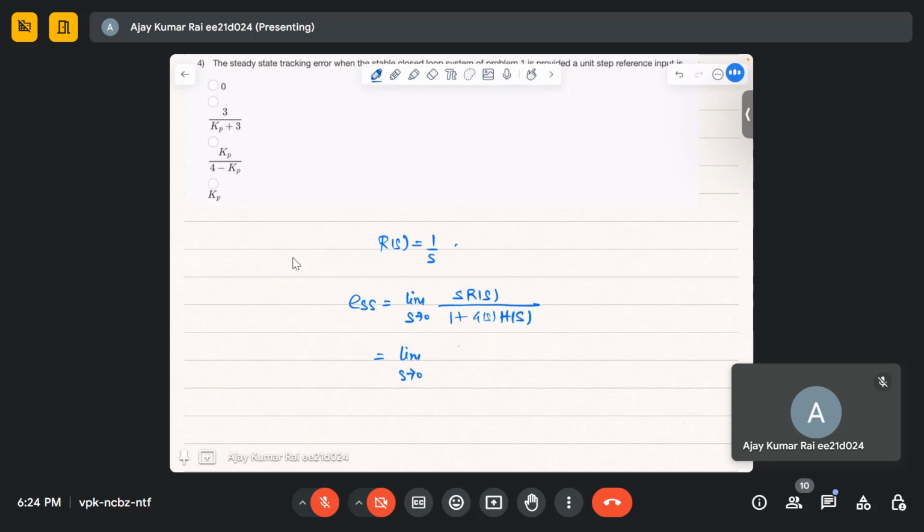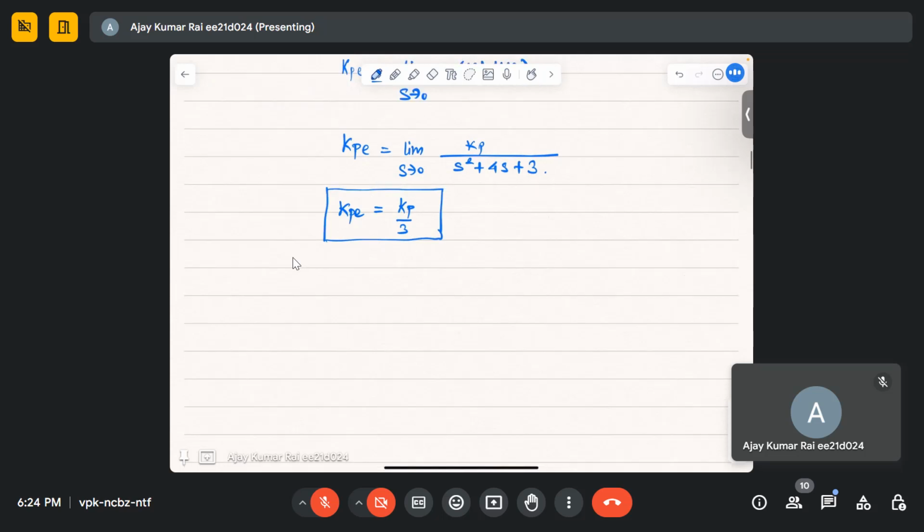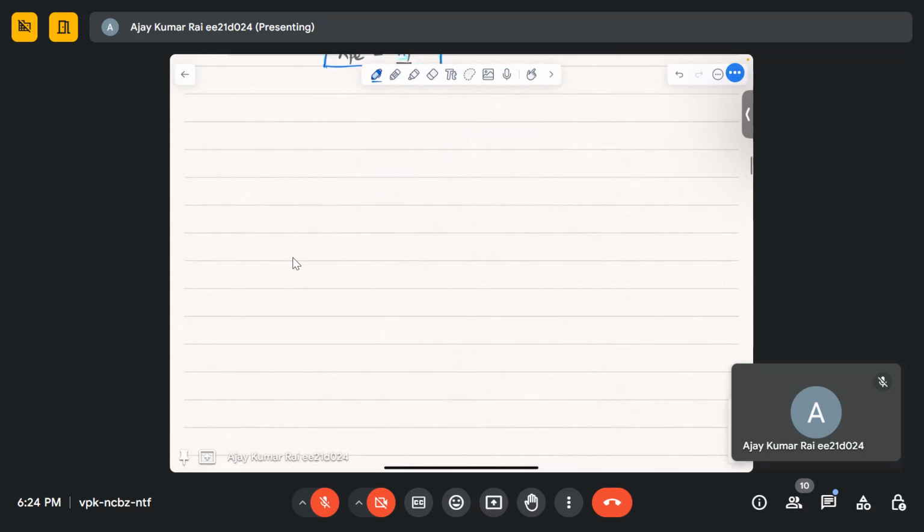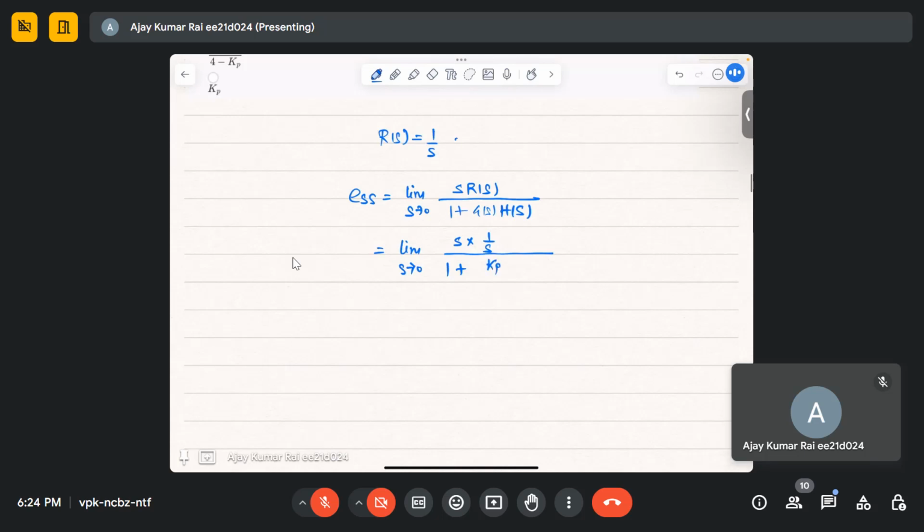Let me put the values here. s into R(s) is equal to 1 by s, over 1 plus G(s)H(s), which from the previous question we know is Kp by s square plus 4s plus 3. Let me simplify it before putting the limits. This gives s square plus 4s plus 3 over s square plus 4s plus 3 plus Kp.